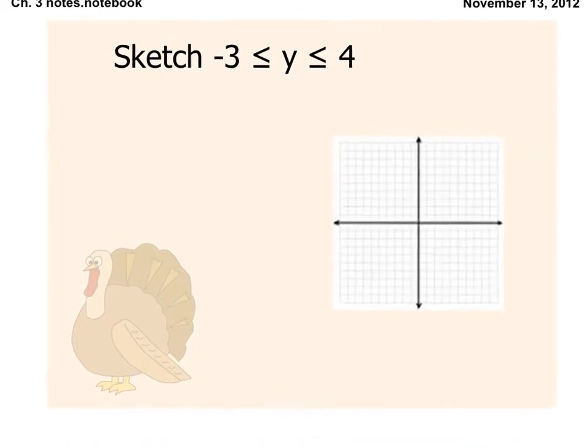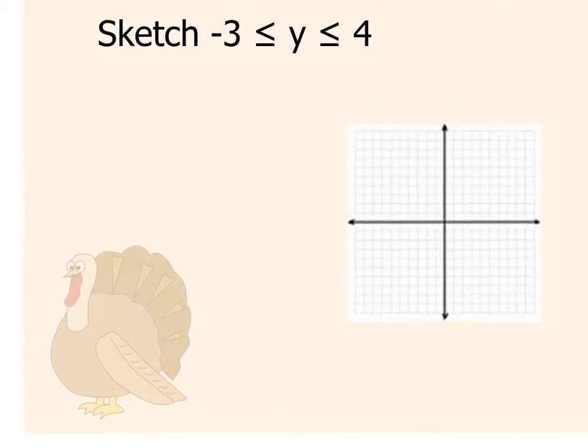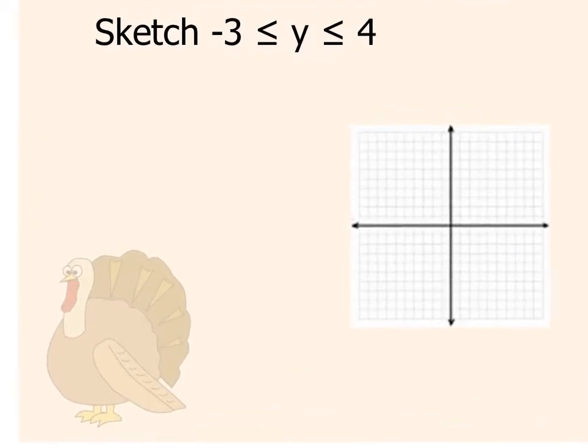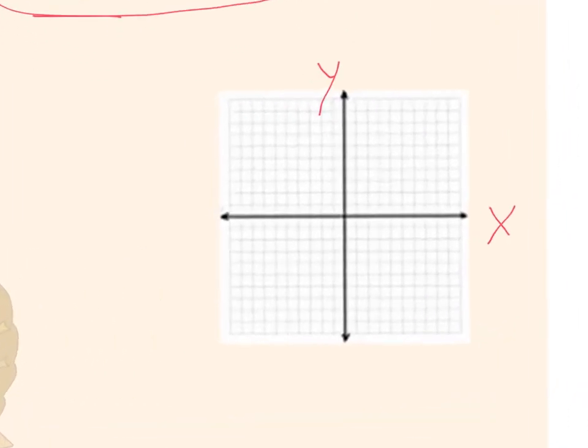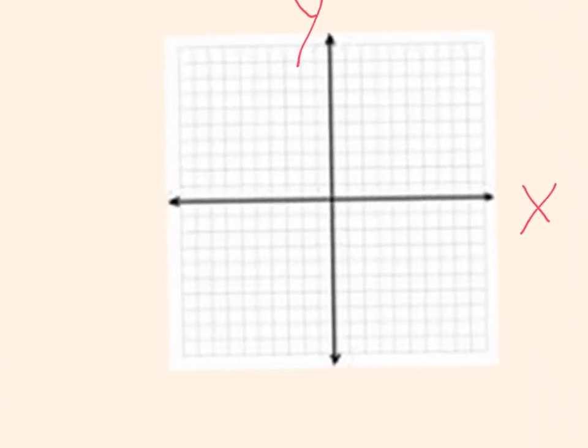Let's take a peek at one with a single variable. Kind of an interesting little one here. On a two-dimensional grid, I can do a single variable. I want all the points that have a y-coordinate between -3 and 4.